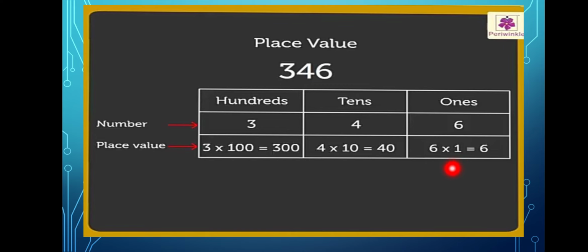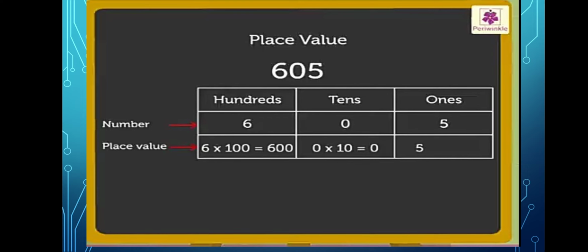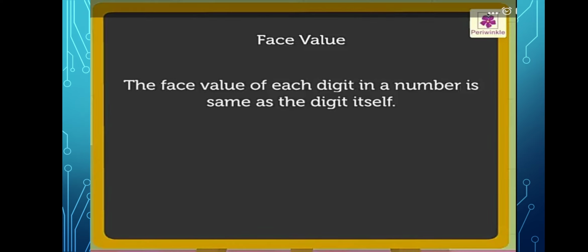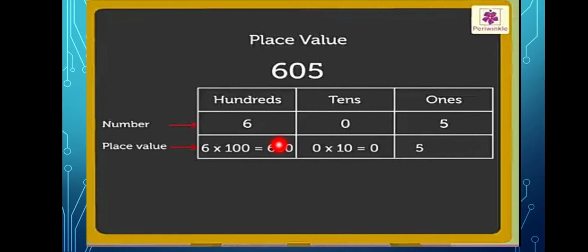Okay, now let's try some more examples. We have one more example here. The number is 605. Okay, so we will write it with their respective places. Okay, so 6 goes with hundreds, 0 goes with tens, and 5 goes with ones.